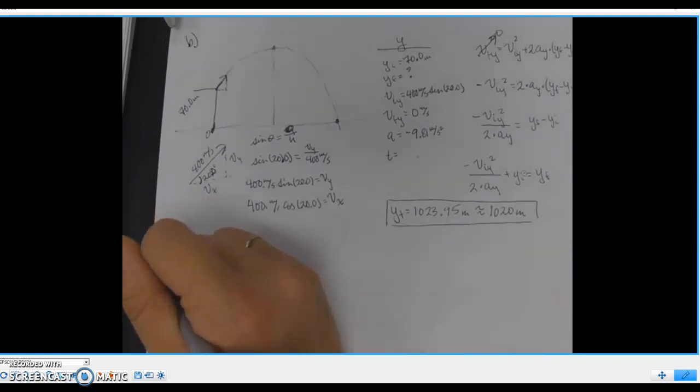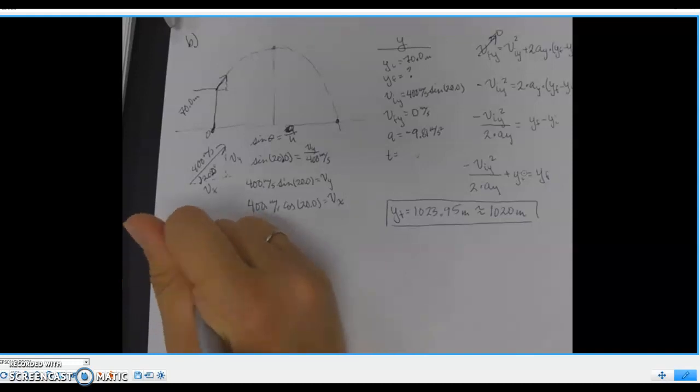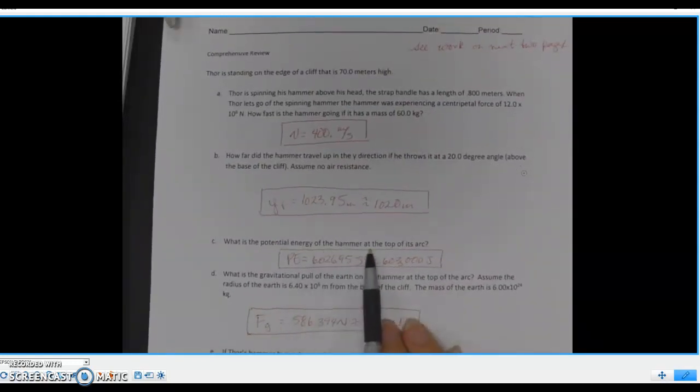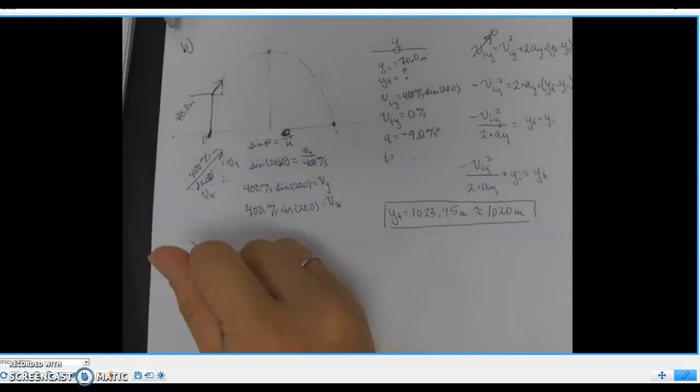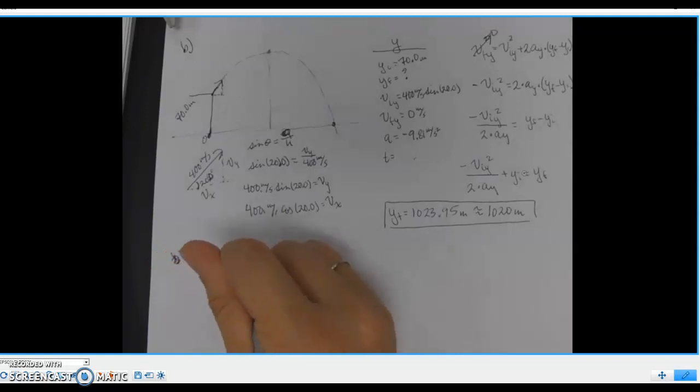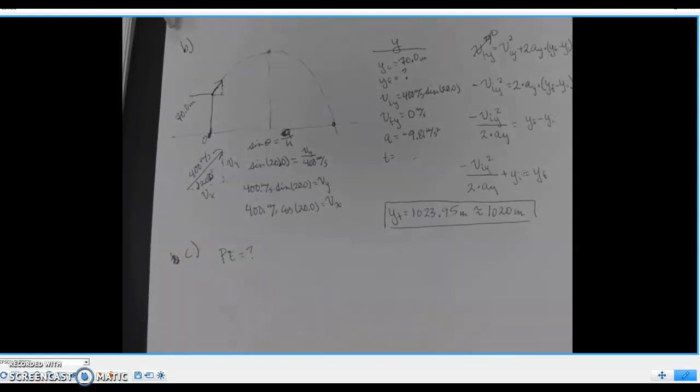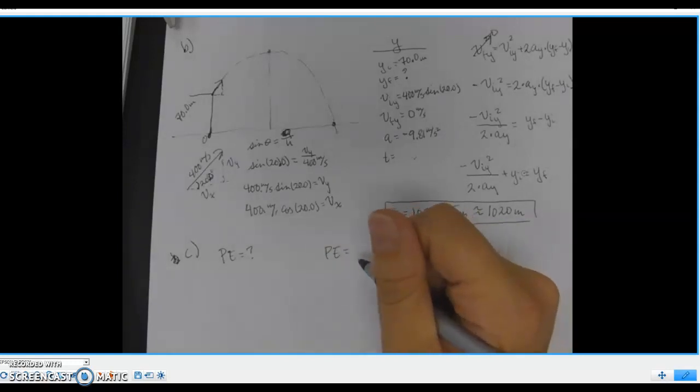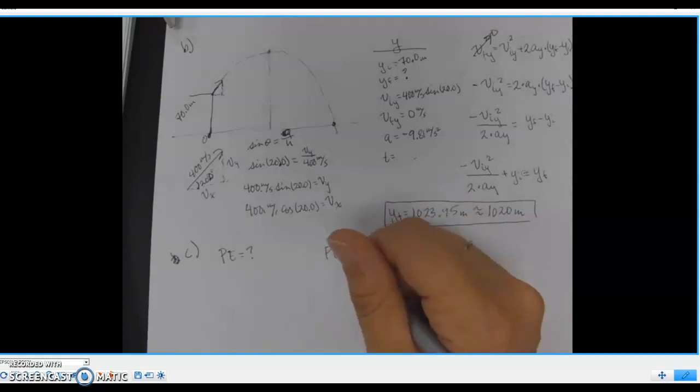C is really simple. C says, what's the potential energy of the hammer at the top of the arc? Okay, so it's asking what the potential energy is at the top of the arc. Now, potential energy, you find that equation on the board or in your equation sheet.